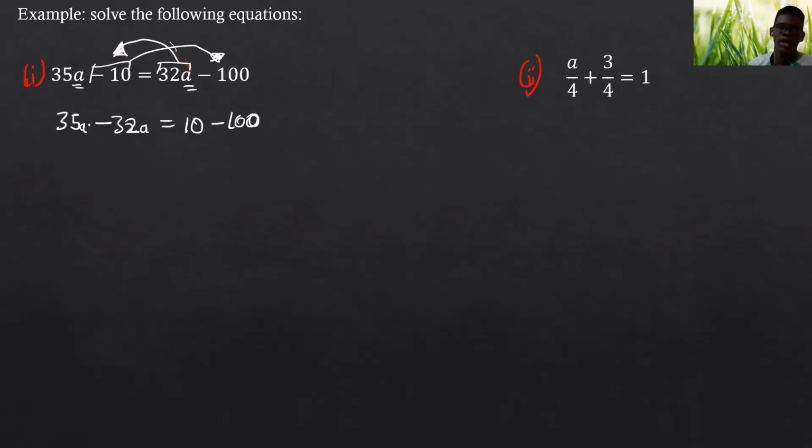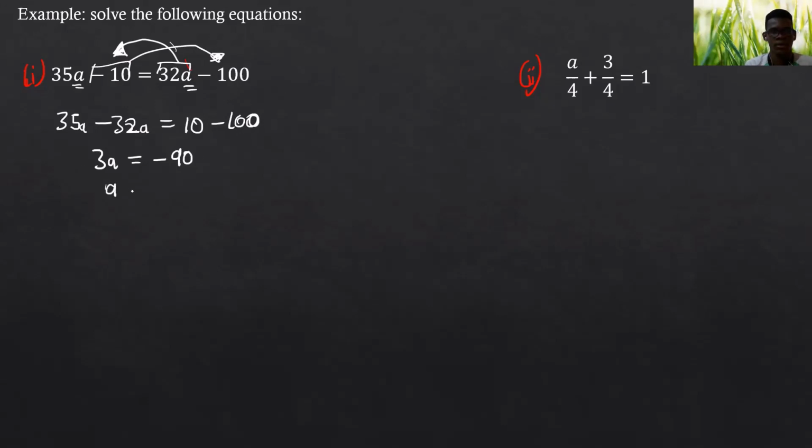So 35a minus 32a, just subtract your coefficients. 35 minus 32 is 3a. Is equal to 10 minus 100, sorry, I'm already shouting the answer. 10 minus 100 is negative 90.